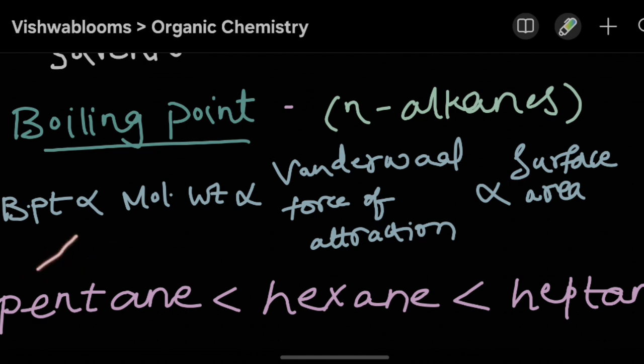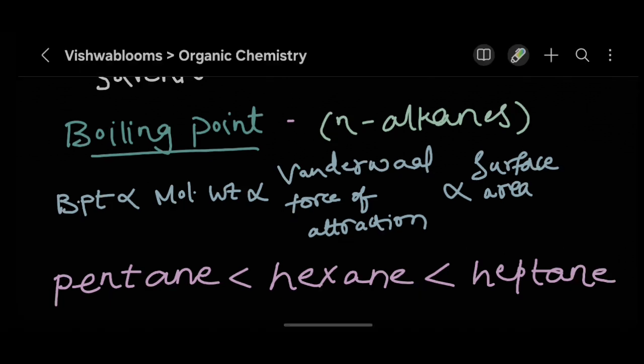This is 1, 2, 3, 4, 5, the structure of pentane. 1, 2, 3, 4, 5, 6, the structure for hexane, and 1, 2, 3, 4, 5, 6, 7, the structure for heptane. As the molecular weight is increasing, the boiling point also increases. So heptane has the highest boiling point in these examples.